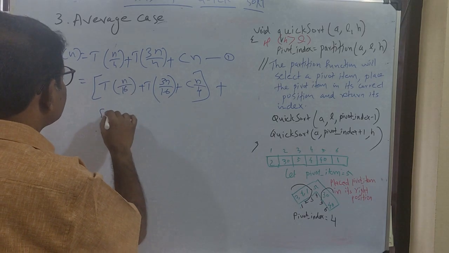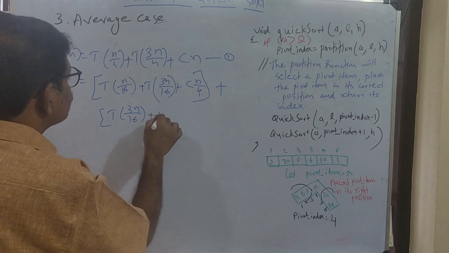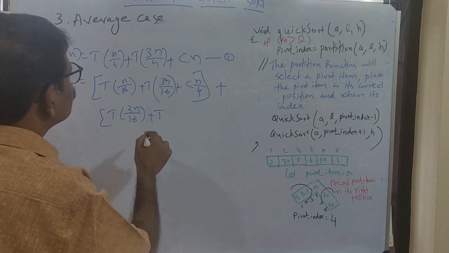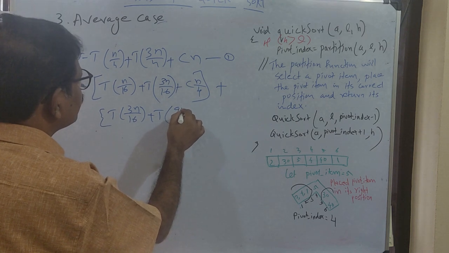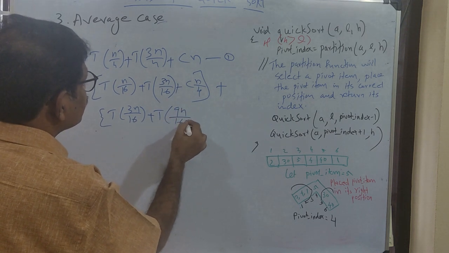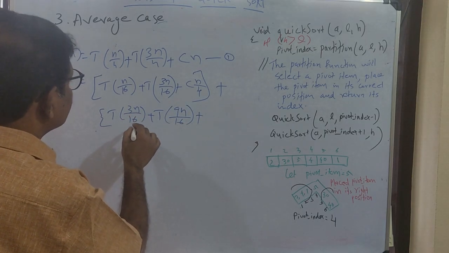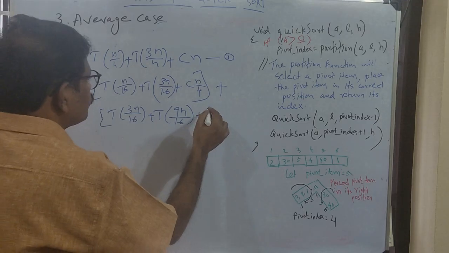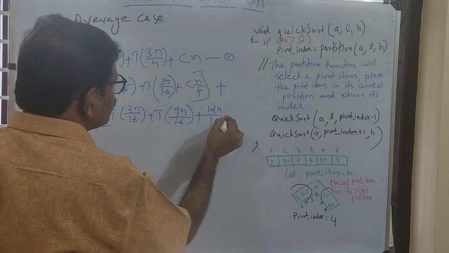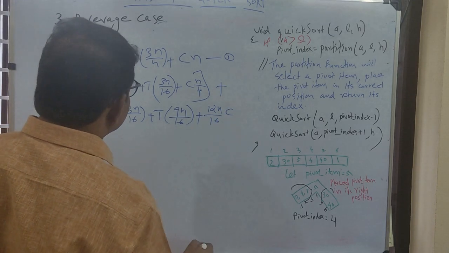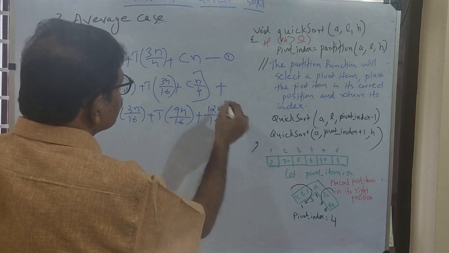One fourth of this: T(3n/16) plus T(9n/16), since it is 3 times 3n/16, plus 4 times the smallest term, so it is 12Cn/16, plus Cn.